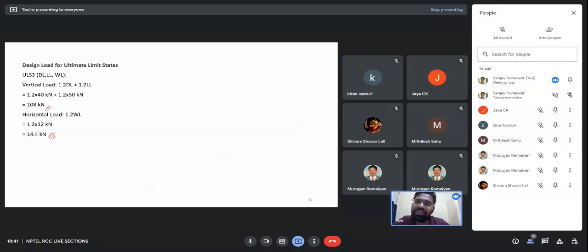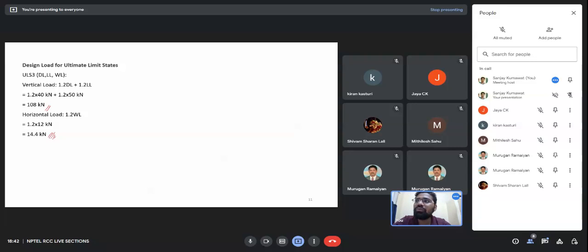Whereas for wind loads, we have wind velocities corresponding to different areas. That also you can find in IS 875 Part 3. The different zones of earthquake you can find in IS 1893. So you can check out these two codes for earthquake load and wind load. In these two codes, the various design criteria and the types of buildings for which these two loads are to be considered are explained in a very well defined manner.